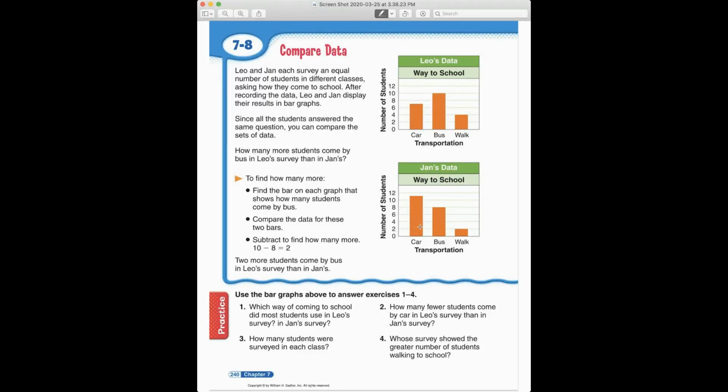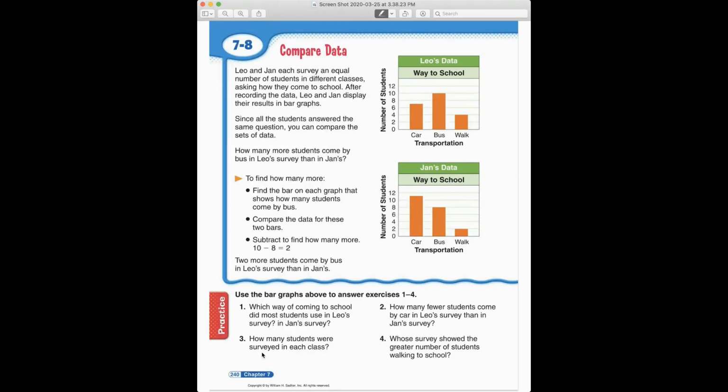But in Jan's survey, it is between 10 and 12, which would be 11. So we want to find the difference between those two numbers. So we would subtract 11 for Jan's minus 7 for Leo's, and we would get 4. So 4 fewer students come by car in Leo's survey than in Jan's survey.